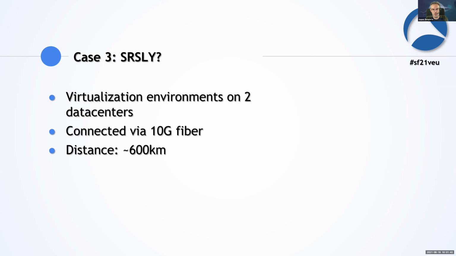And what they wanted to do is move their virtual machines from one data center to the other data center. And they got to, I think, a speed of something like 25 megabytes per second, really slow. It was agonizingly slow. And they wanted to know what was going on.